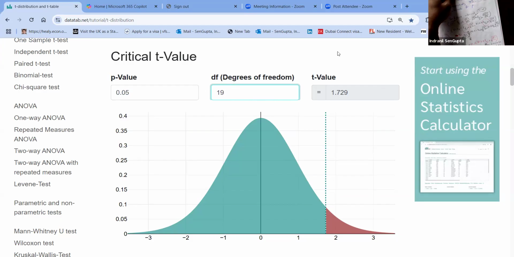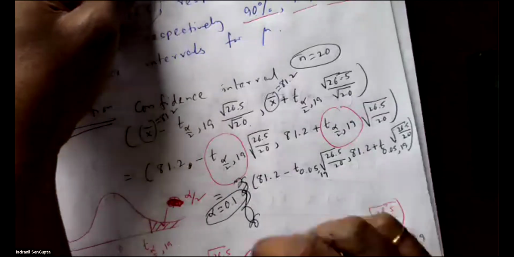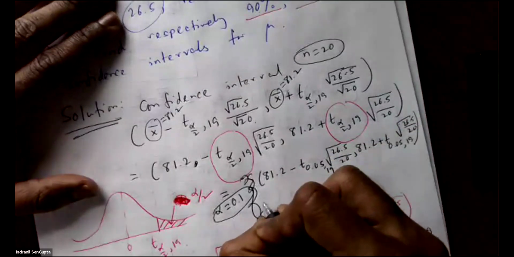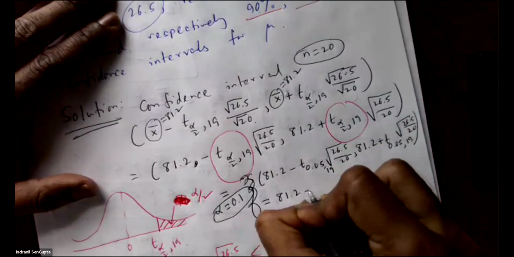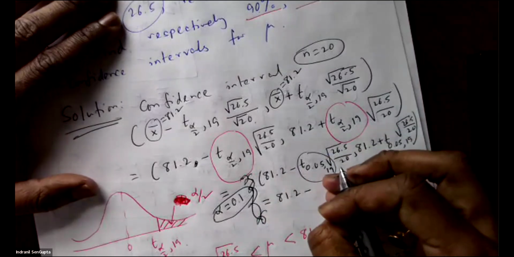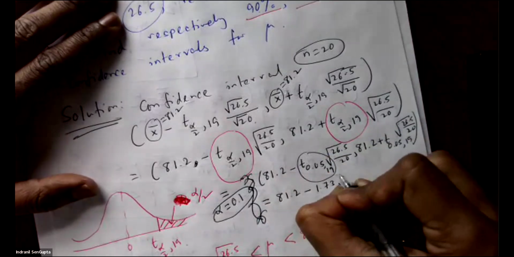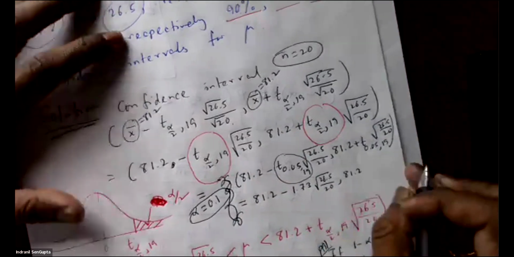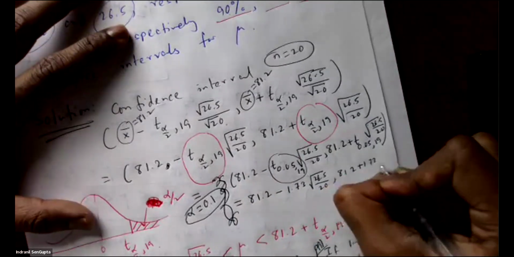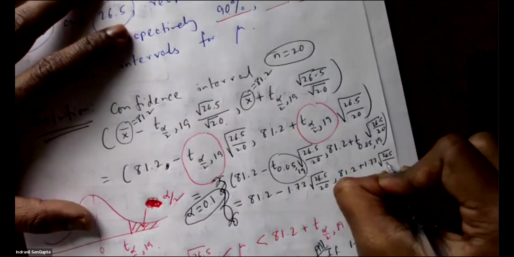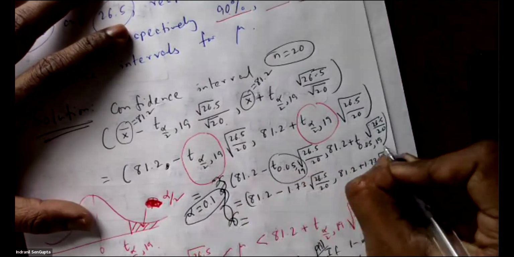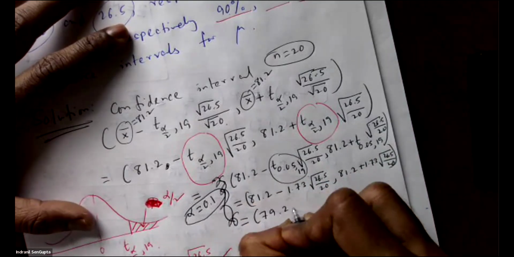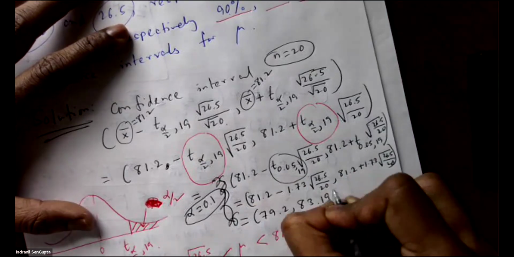Okay, now let me just stop share. So the first case, this is equal to 81.2 minus what we just found, 1.73 square root of 26.5 over 20, to 81.2 plus 1.73 square root of 26.5 over 20. And if you compute this, this is the interval 79.2 through 83.19.